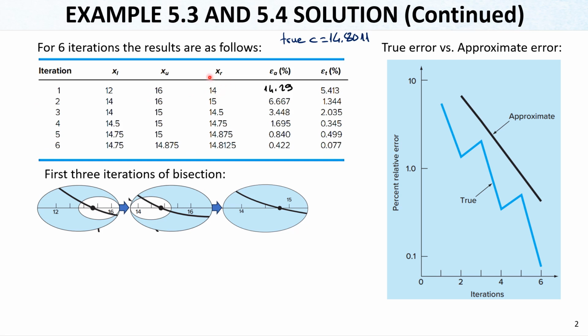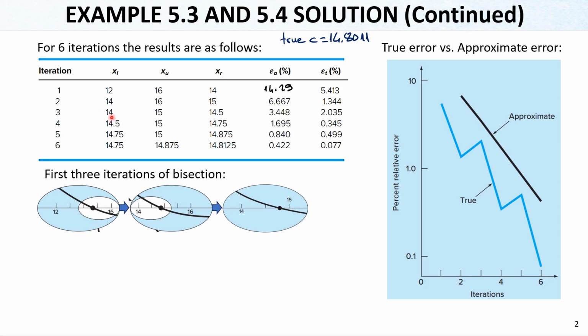Now let's investigate the iterations. Initially, we had the middle point as 14, and because the function value is changing the sign between 14 and 16, we kept the upper bound as 16 and kept the lower bound as the XR value 14. Now in here it's 15, as you can see, and we see that the sign is changing between 15 and 14.